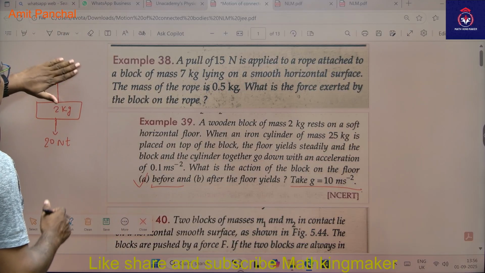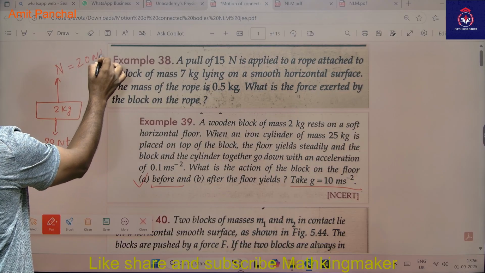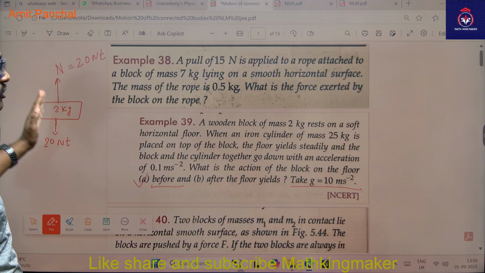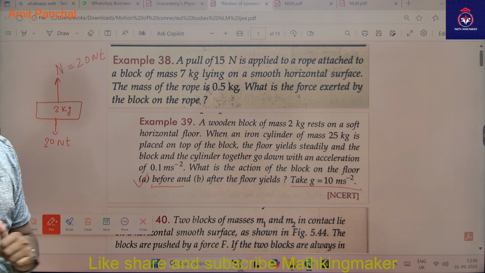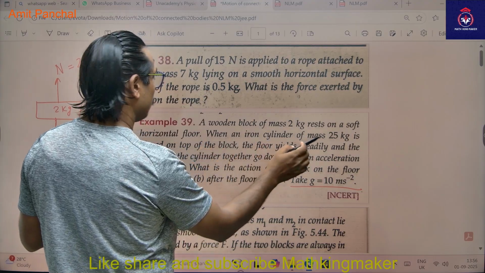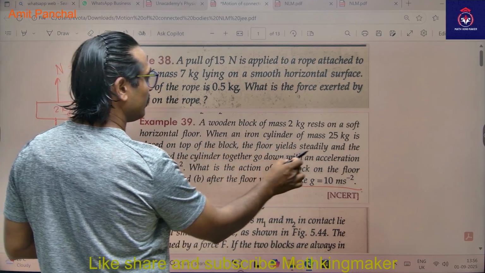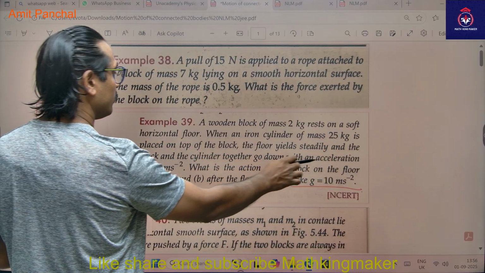See, this is your normal force. Normal force is 20 Newton. Normal force is always applied by the surface on that body. So my question is, the floor yields steadily and the block and the cylinder together go down with an acceleration.